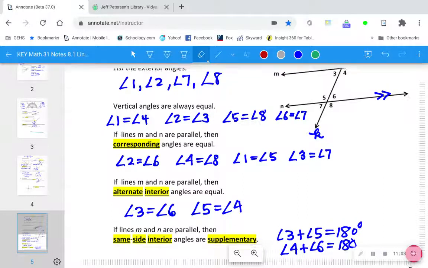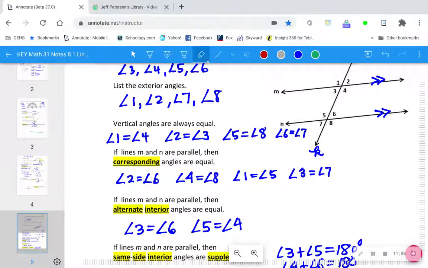So let me just give you an example here of what we would know. Let's say we actually knew an angle measure here was 80 degrees. Then that 80 degree mark could be transferred over here because these are vertical angles. That 80 degree mark is the same as this one down here because those are corresponding angles.